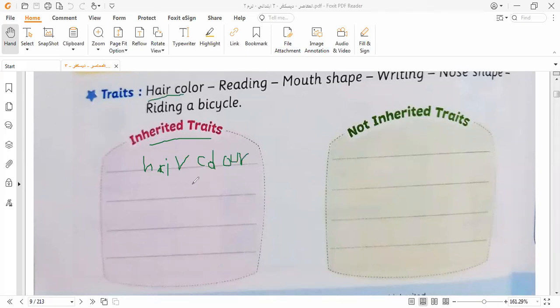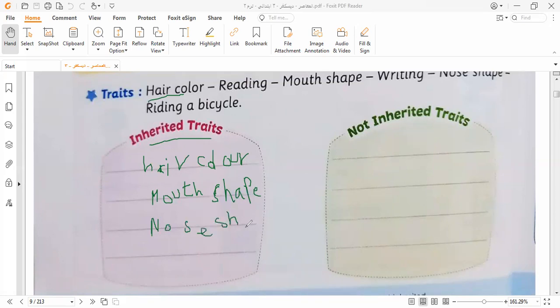Mouth shape? Yes, mouth shape. Do you take it from your parents? Yes, mouth shape. Another one. Nose shape? Yes, nose shape. Is all this called inherited traits? Yes, all this is called inherited traits.